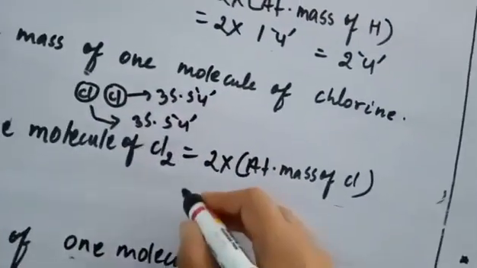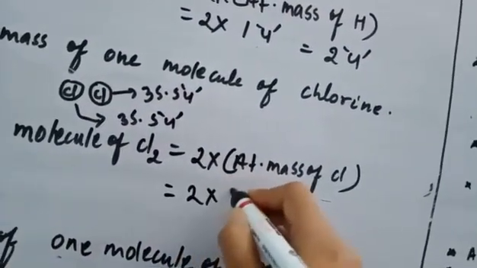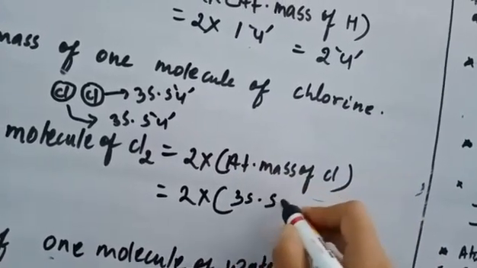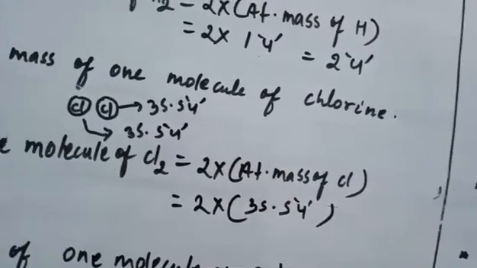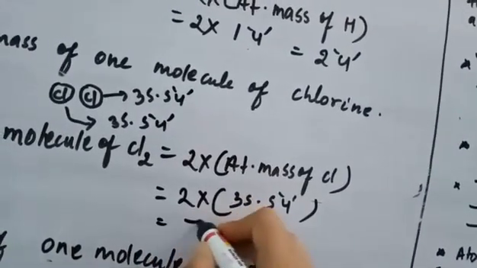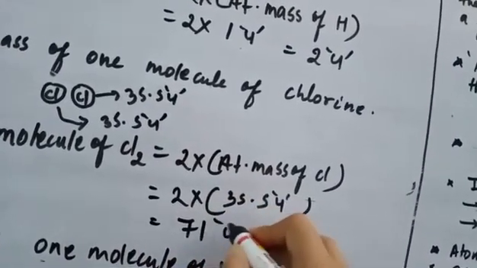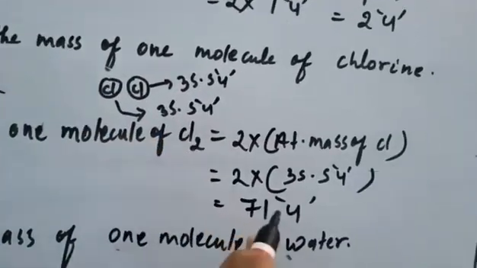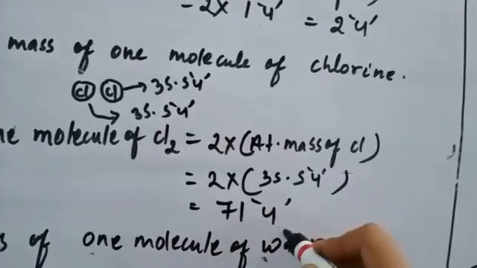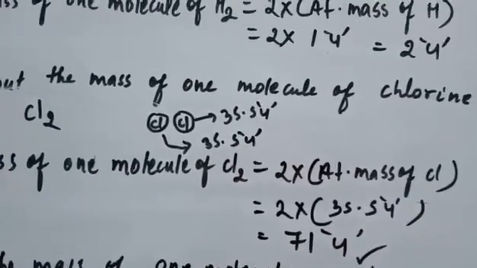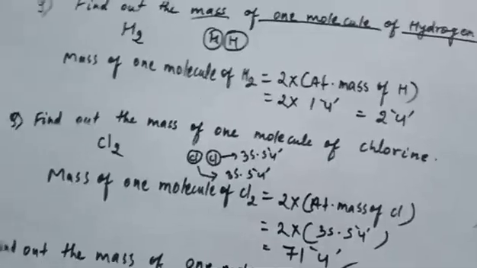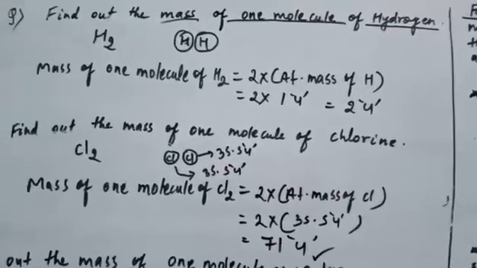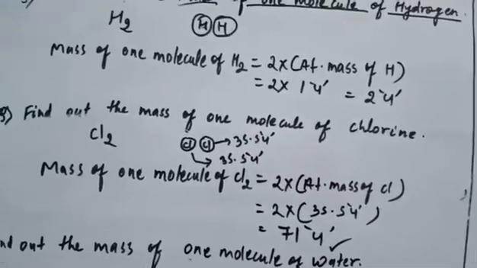So 2 into 35.5u is equal to 71u. So the mass of one molecule of chlorine is 71u. This is the answer. Like that it can be asked, find out the mass of one molecule of nitrogen, or of oxygen. You have to calculate like that only.